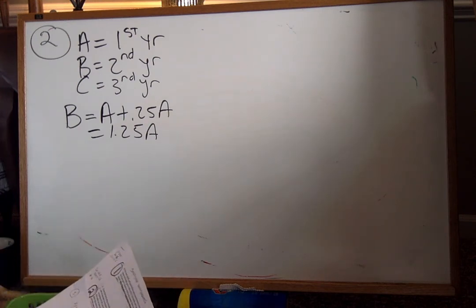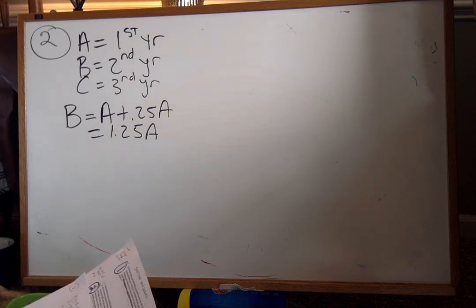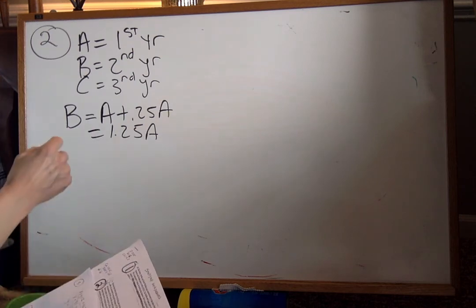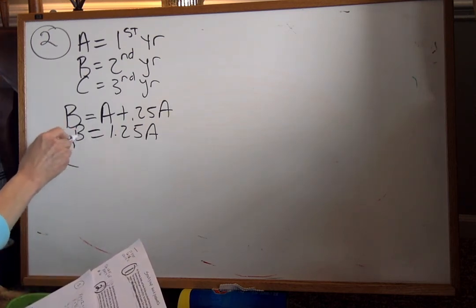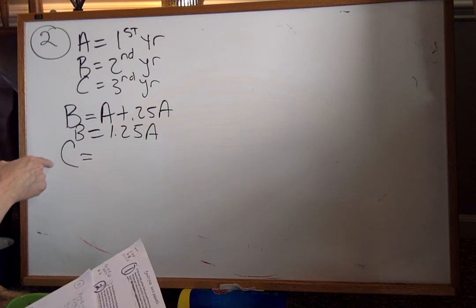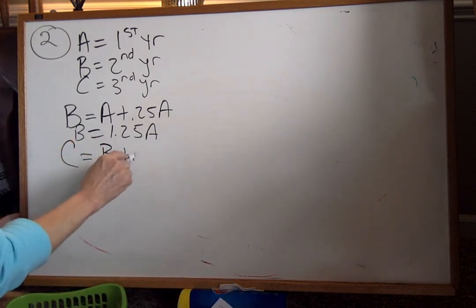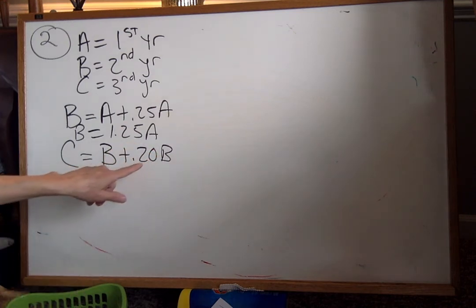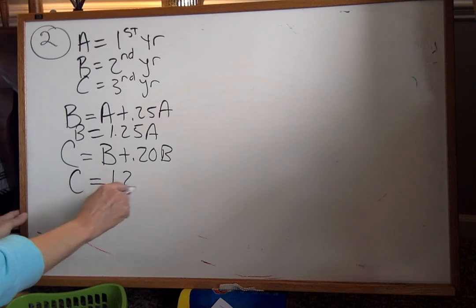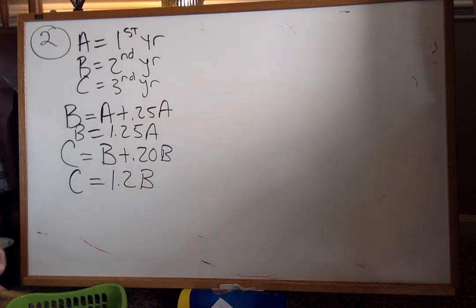Okay, the second. And the third year saw an increase of 20% over the second year. Let me put my B there. The third year saw an increase of 20% over the second year. So what was the second year plus 20% growth? So you could write it like that. But I'm getting way too many variables here, right?